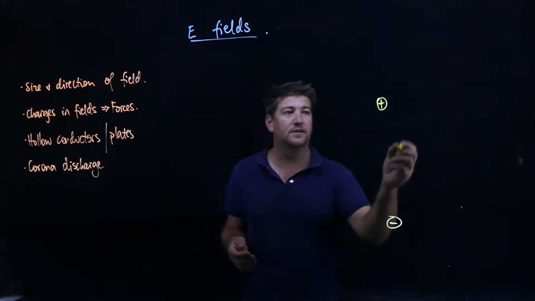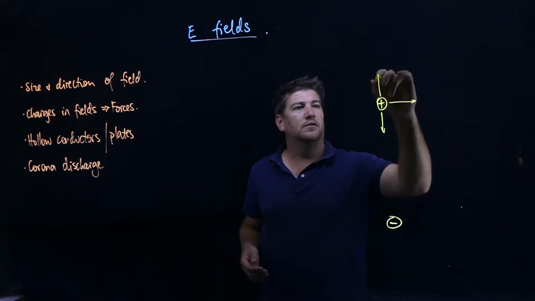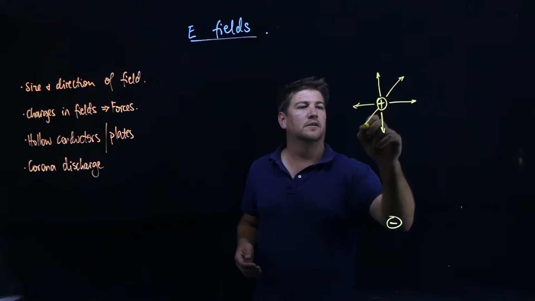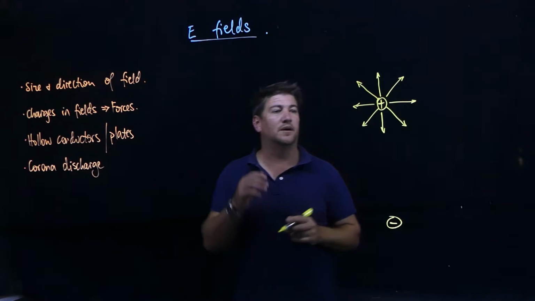So here's a positive test charge, it would travel away from our positive charge here, and it would go like this. When you're drawing it, be far more careful than what I'm being right now.